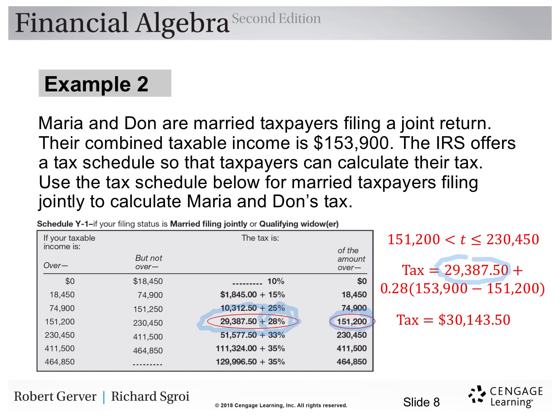So the tax is equal to $29,387.50 plus 28% of the difference between their income, which is $153,900, and $151,200. If we calculate all that, we come out with their tax being $30,143.50.